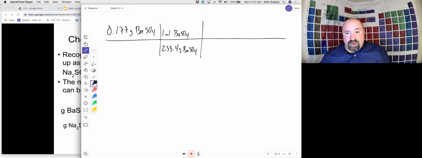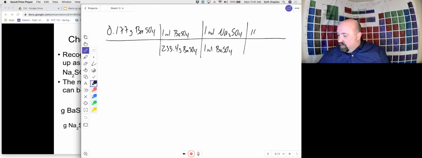Our balanced chemical equation told us that it was a 1-to-1 ratio, 1 mole of barium sulfate per 1 mole of sodium sulfate. And then the molar mass of sodium sulfate is 142.0 grams per mole.